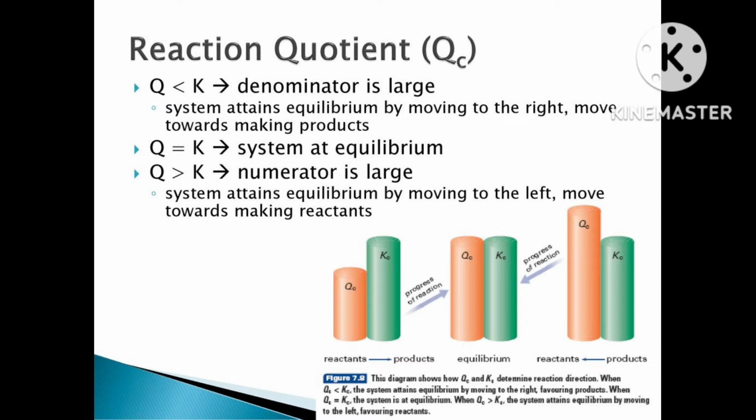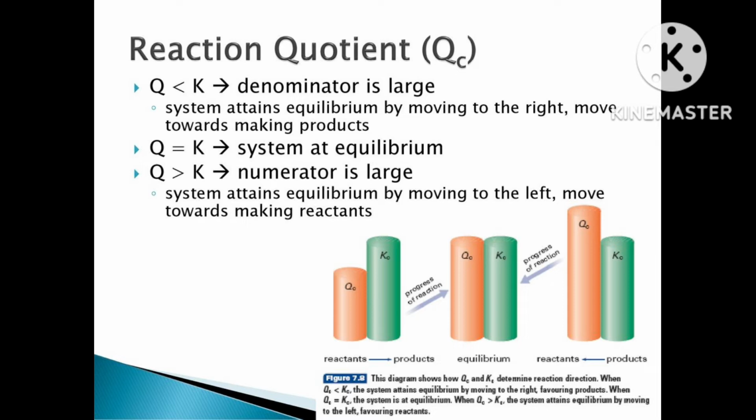Now they have given the molar concentrations of H2 and I2. When it is at equilibrium, H2 and I2 are giving HI, and the Kc value is 57 at 700 Kelvin.